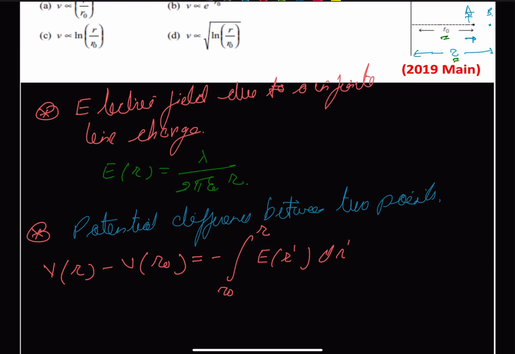Here we have taken another variable r prime just to differentiate it from r. That's the only reason, otherwise it doesn't matter.